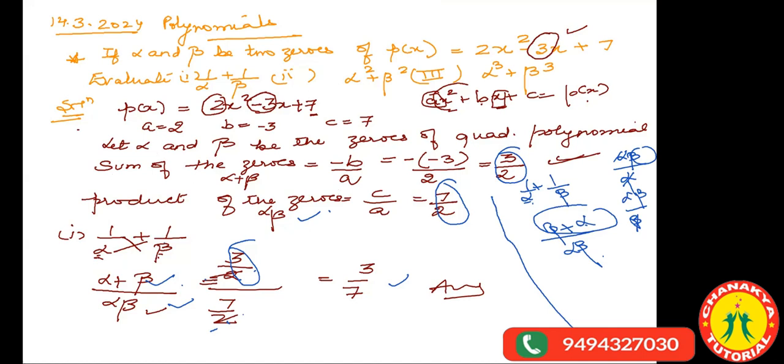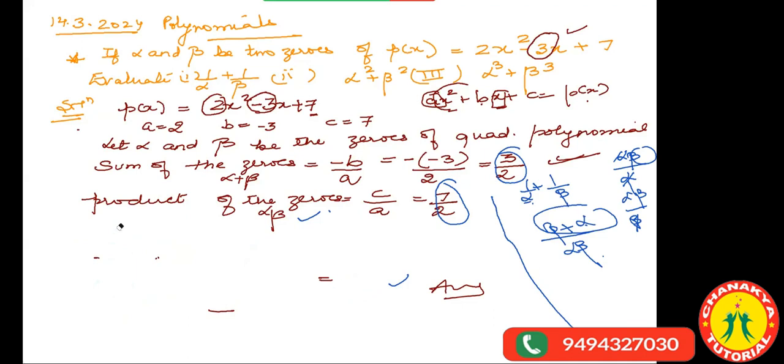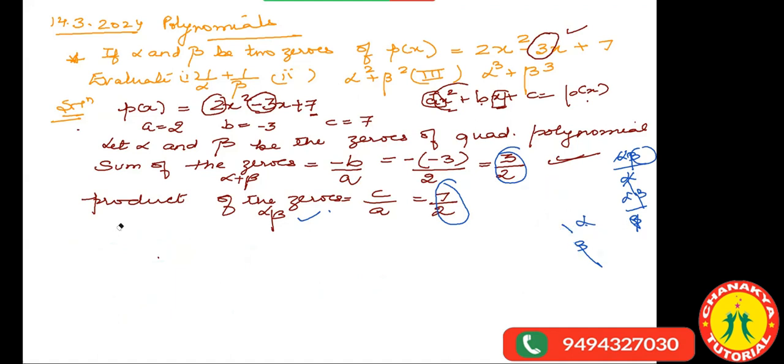Next part. For solving the next part, I'm just erasing this first part. See, in this second part, evaluate alpha square plus beta square.